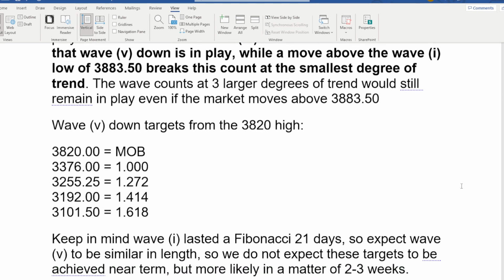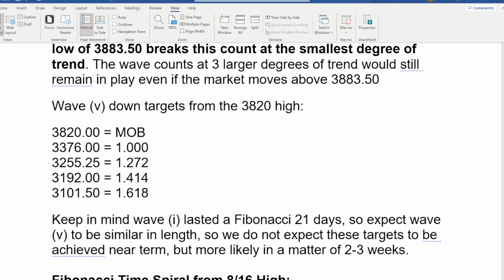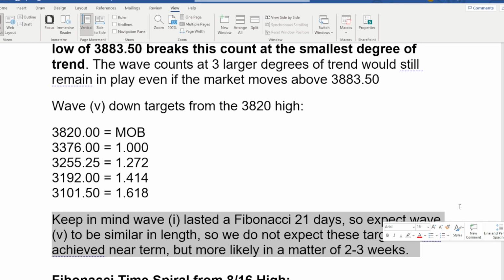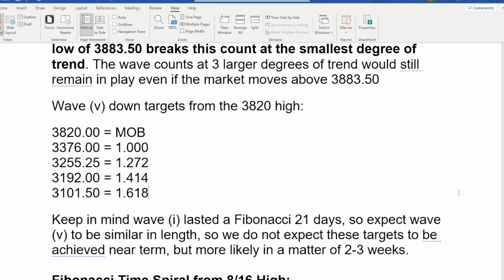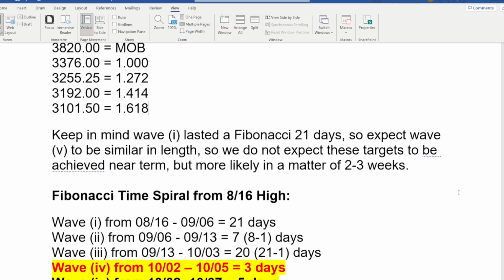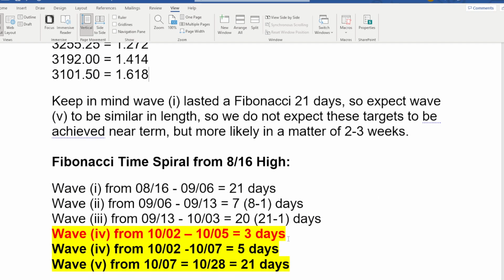There's our wave 5 targets, okay. There's that reminder about the wave count as far as time goes. Again, in order of preference, we have wave count, number 1, wave price, number 2, wave time, number 3, okay. And you can see here we had those couple different Fibonacci's going out as far as time goes. Looks like 4 topped on 10.5, and we're in wave 5 down.